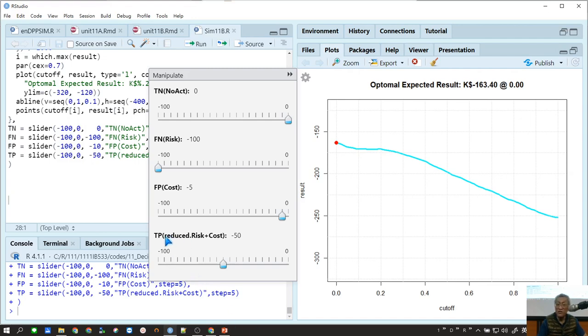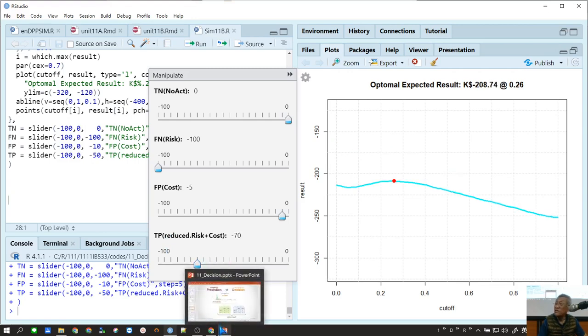So what is this TP? Should be how many? Is that 70 or not? Remember that this is reduced risk plus cost, right? So it should be how many?